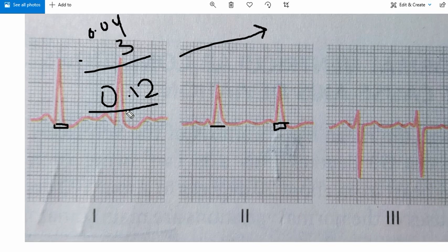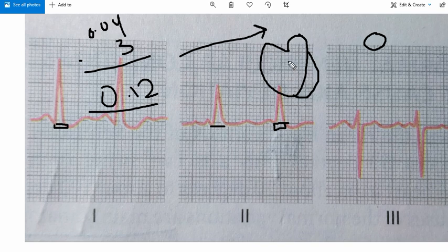And why does hypertrophy occur? Maybe due to aortic valve stenosis. The aortic valve that is present at the base of the aorta may narrow and not work properly, and other causes may also cause hypertrophy of the left ventricle. That's why in our heart the left ventricle increases in size, and it remains positive.